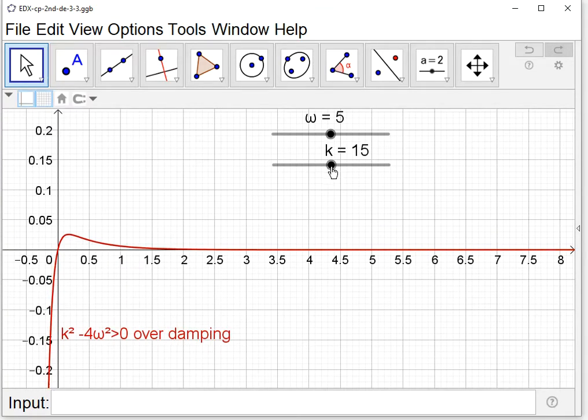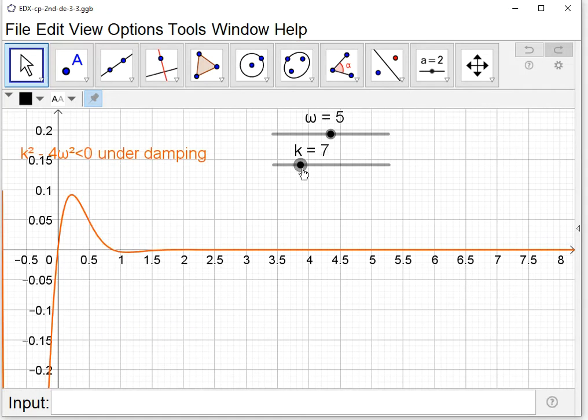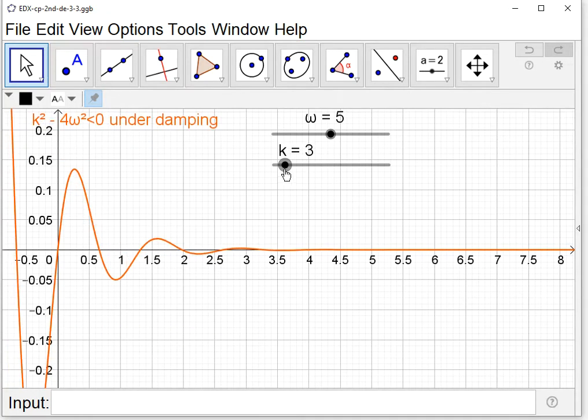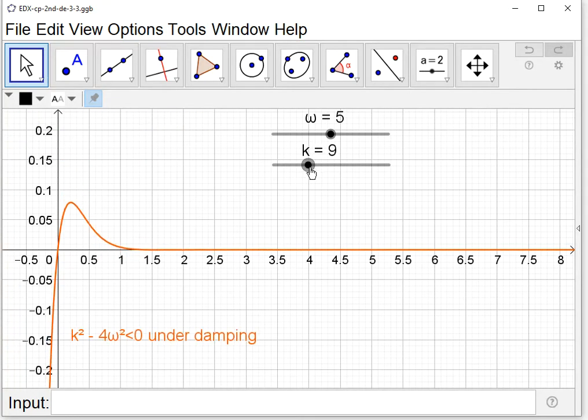So the discriminant is positive when there is overdamping. When k is less than 10, we have an underdamped system, and at k equals 10, we have what's called critical damping.